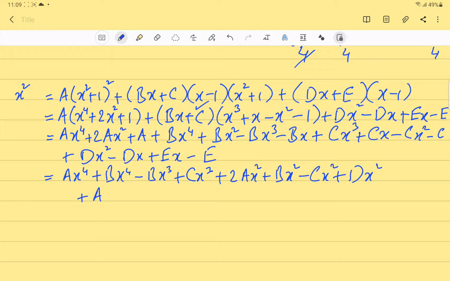x values. We don't have any a in the x value. The x value is minus bx, then we have plus cx, then we have minus dx, and then we have plus ex.